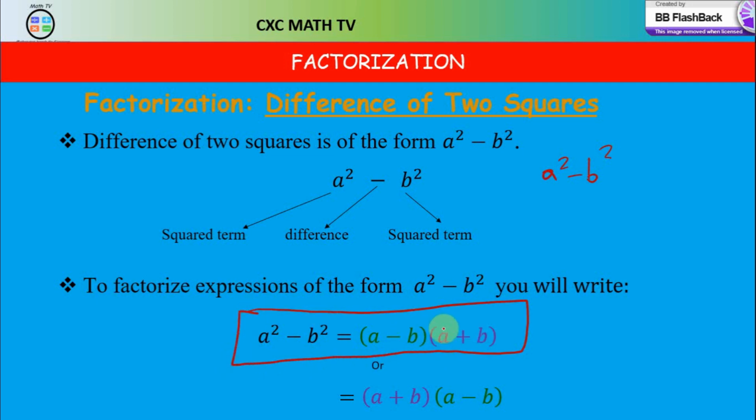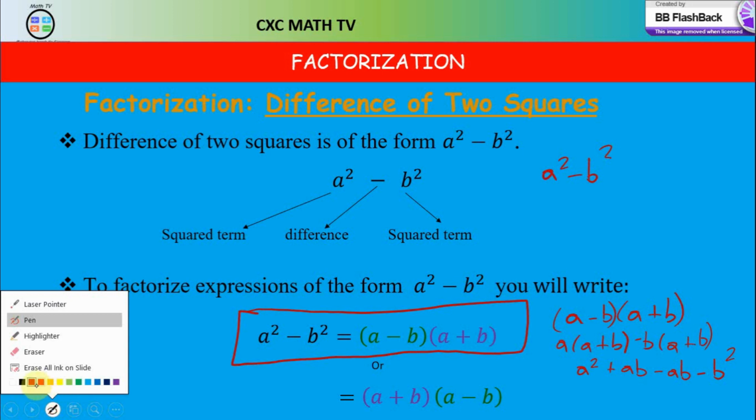I can just give you a partial proof as to why that is. If you have a minus b times a plus b, you're multiplying them: a times a plus b, and then negative b times a plus b. You'd get a times a is a squared, a times b is plus ab, negative b times a is minus ab, and then negative b times b is minus b squared.